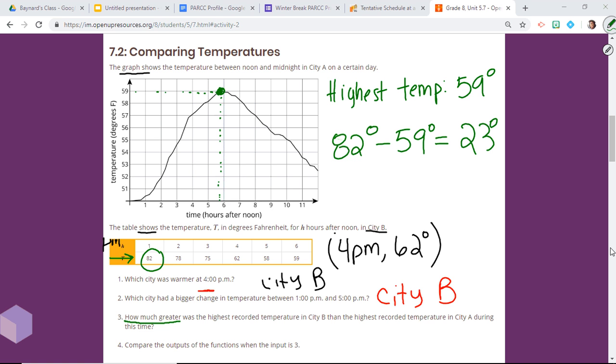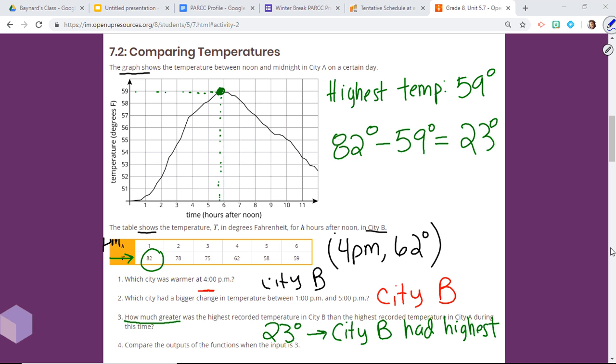So we have a 23 degree difference between City A and City B. And then just so we remember, City B had the highest temperature.